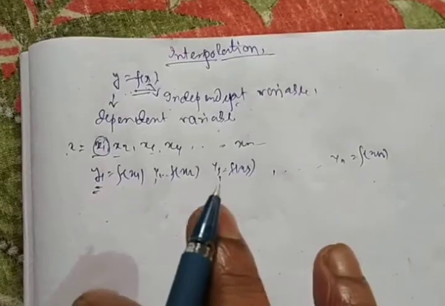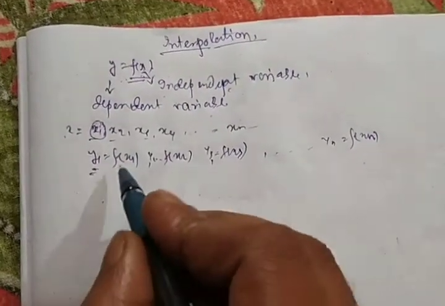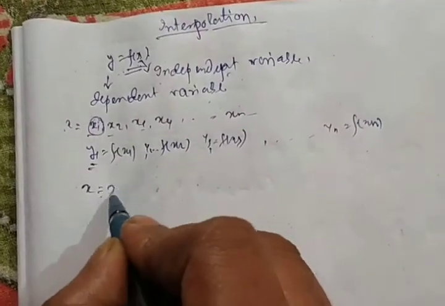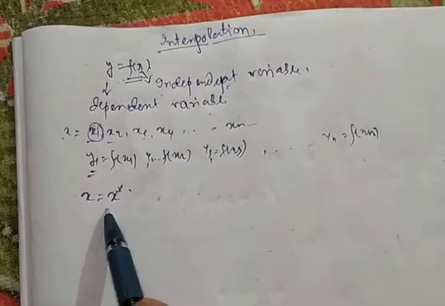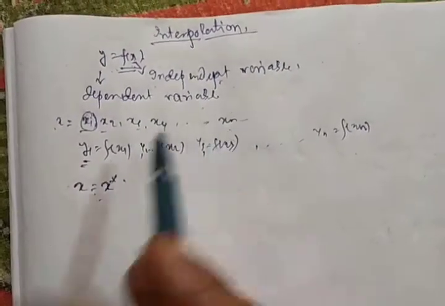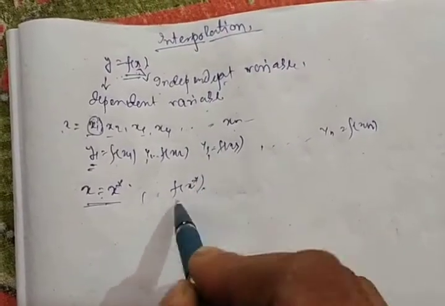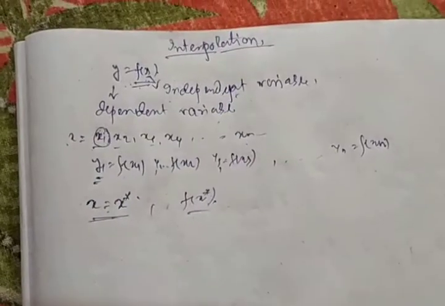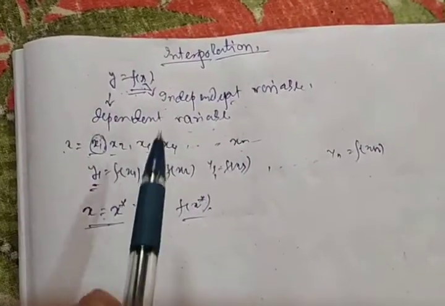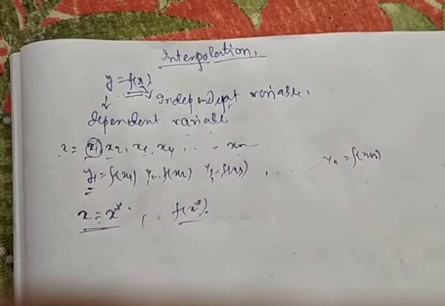But we want to find the value of f(x) at some point x equals x star, which is different from the given values of x. At that point we want to find f(x star), but f(x) is not given, only the values of the function at some specified points.